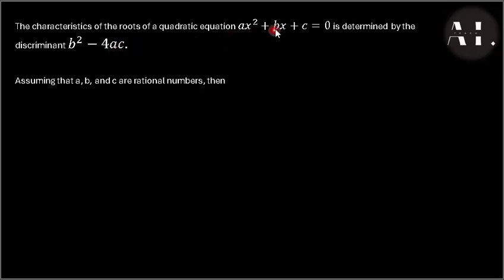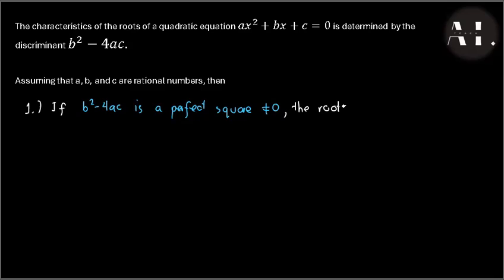Assuming that a, b, and c are rational numbers, then if b squared minus 4ac is a perfect square not equal to 0, the roots are said to be rational and unequal.